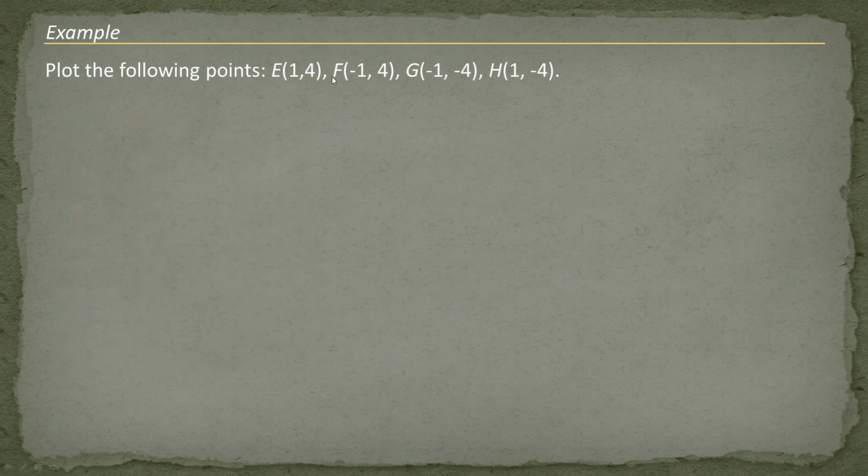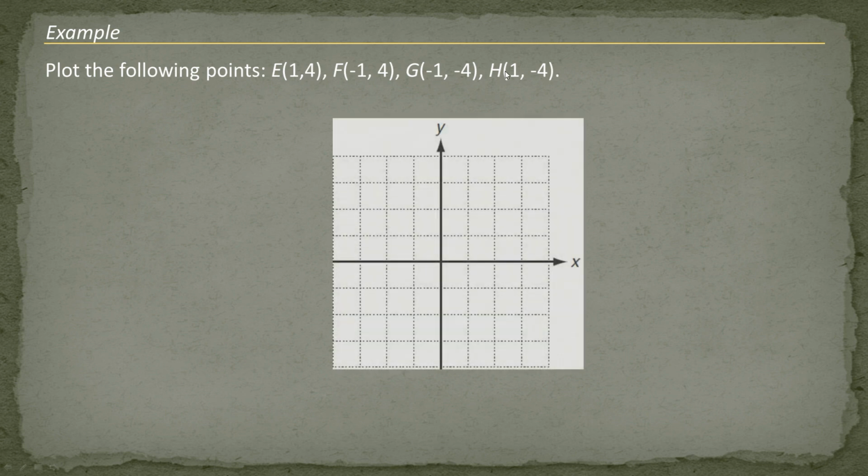In this example, we're going to plot the following points, E, F, G, and H. And E is at 1, 4, F is at -1, 4. G is at -1, -4, and H is at 1, -4. So here's our Cartesian plane here. Here's E. E's at 1, 4.